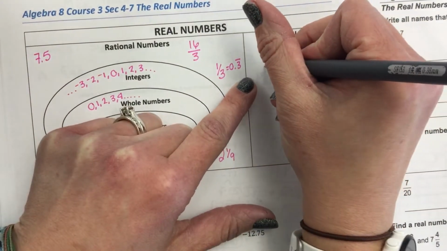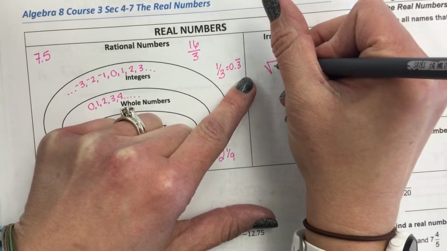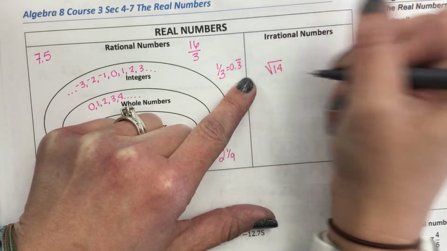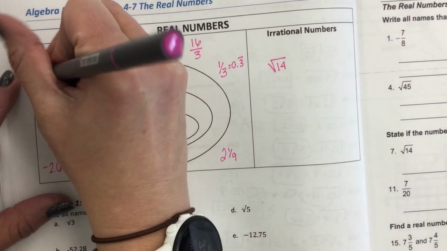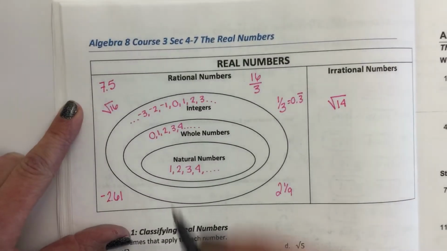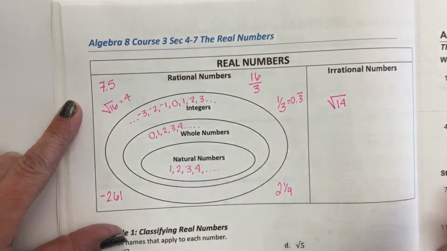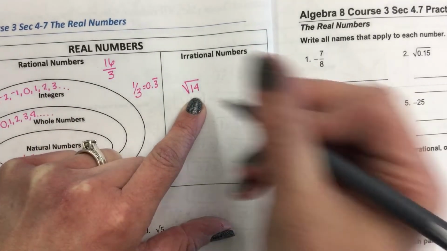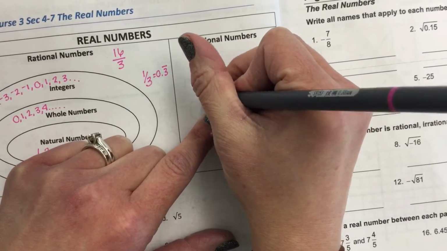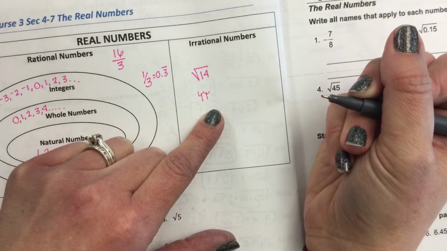Anytime we have a non-perfect square, so like the square root of 14, it's a nice number, but it's not a perfect square. The square root of 16 is rational. That would be over here. That would equal 4. Okay, but irrational would be if it's non-perfect squares, and then the other famous one is pi.